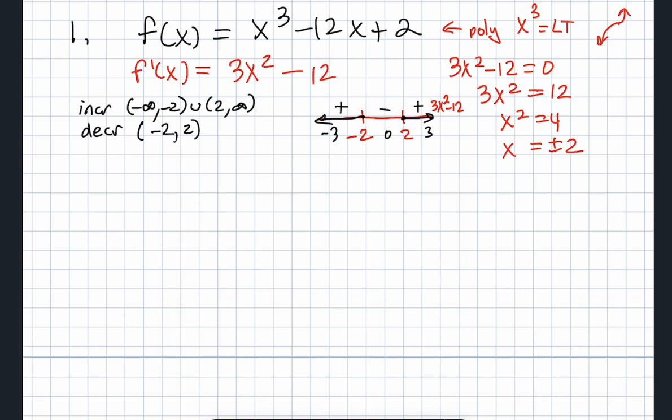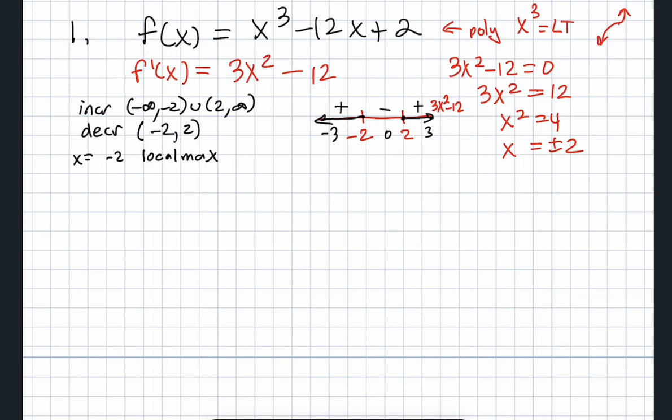Now, we should also label, if we know anything about the points at -2 and +2. At -2, we're going up and then down. So when x equals -2, that is a local maximum. At +2, we are going down and then back up.